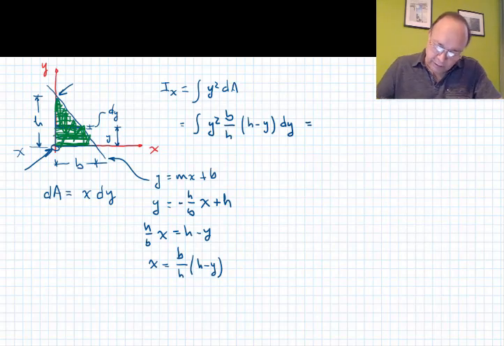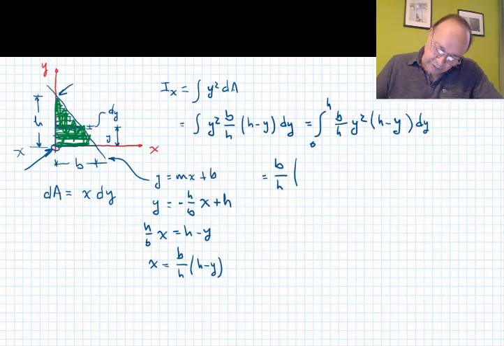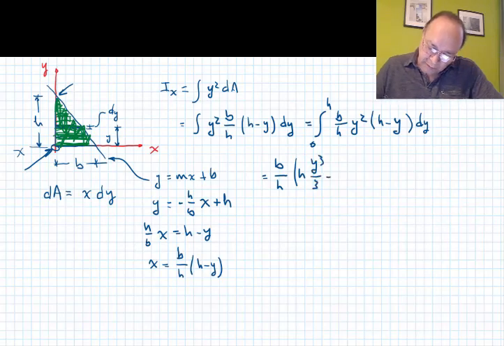All right, so it will be the integral from 0 to h of b over h times y squared times (h minus y) dy. This should be very easy for you guys. So it will be b over h times h y cubed over 3 minus y to the 4 over 4, from 0 to h.